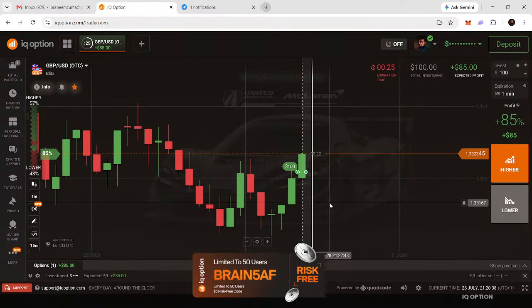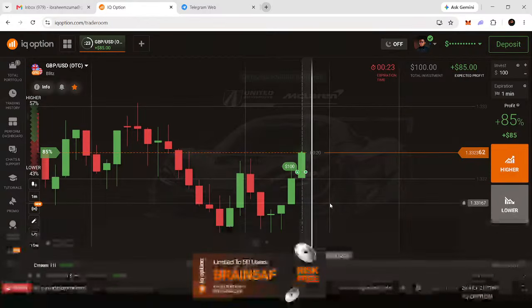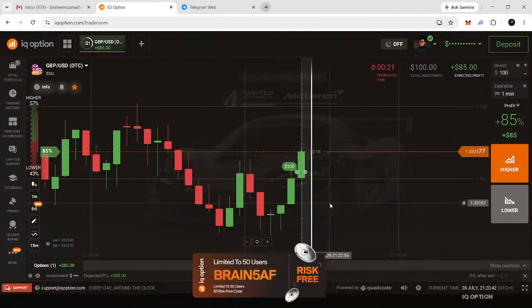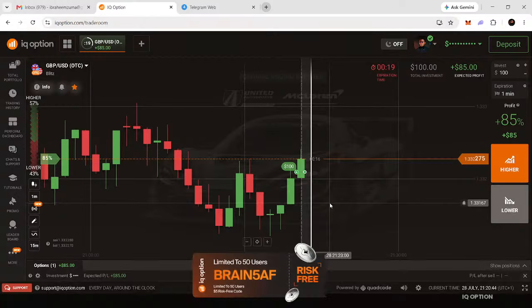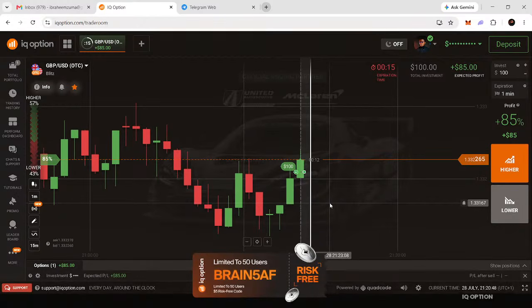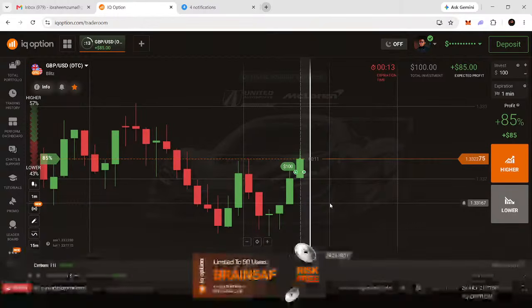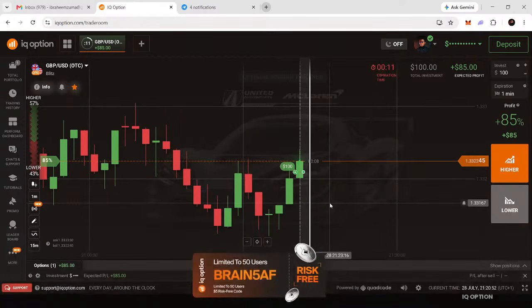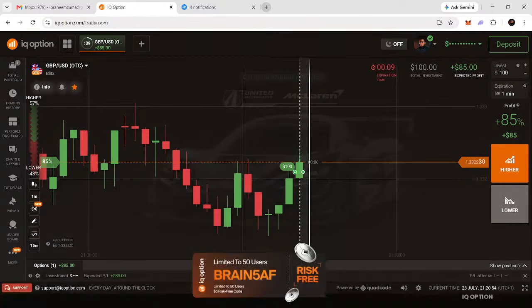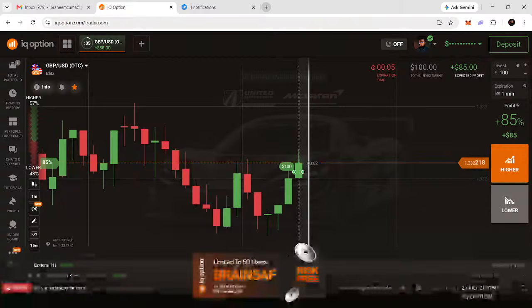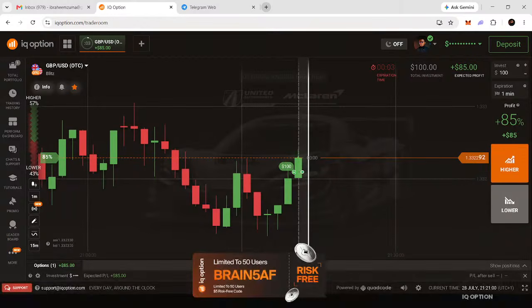I hope you guys are with me. We have just opened a buying position, or a long position, or a buy order, trying to test a morning star. We have opened this for 1 minute, and hopefully we're gonna win this trade.